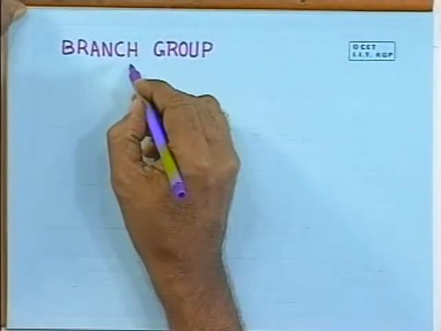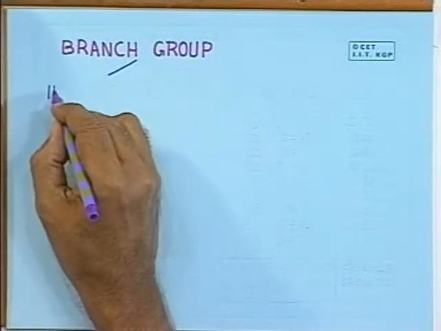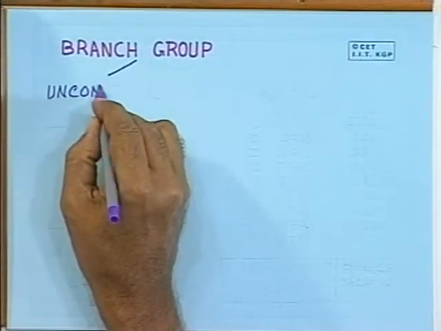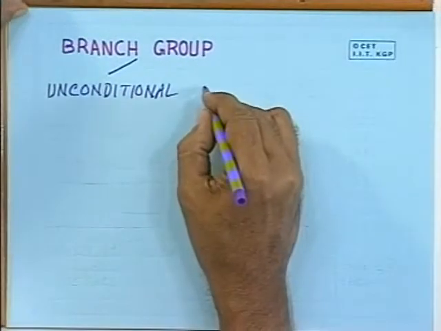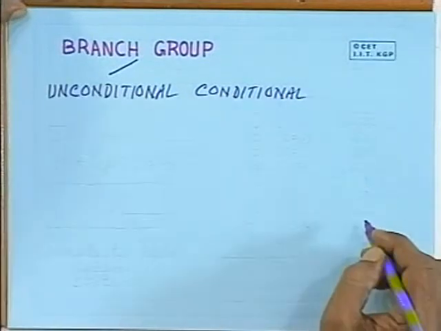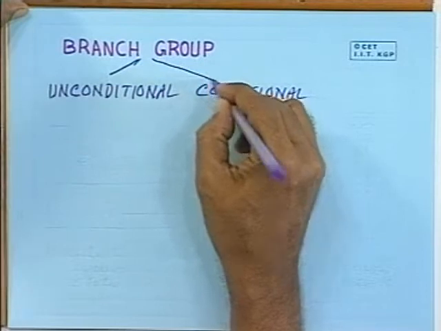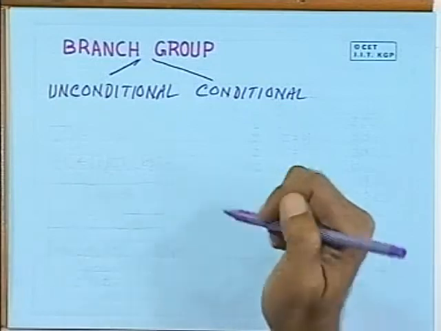As I told, the branch group can be broadly divided into two types. One is unconditional, and another is conditional. Now, as you have seen, whenever you are executing a program, normally you are executing in consecutive memory locations, and the address is given by the program counter, one after the other.